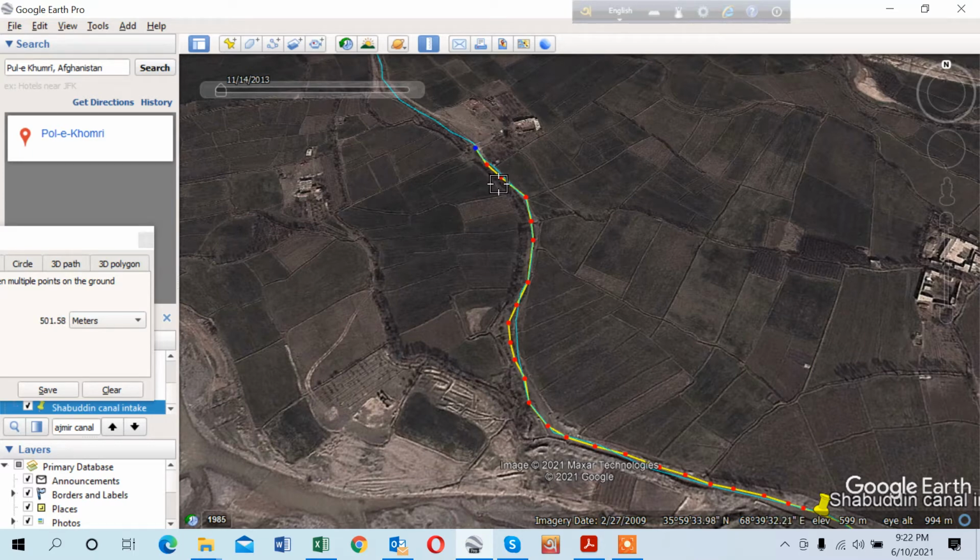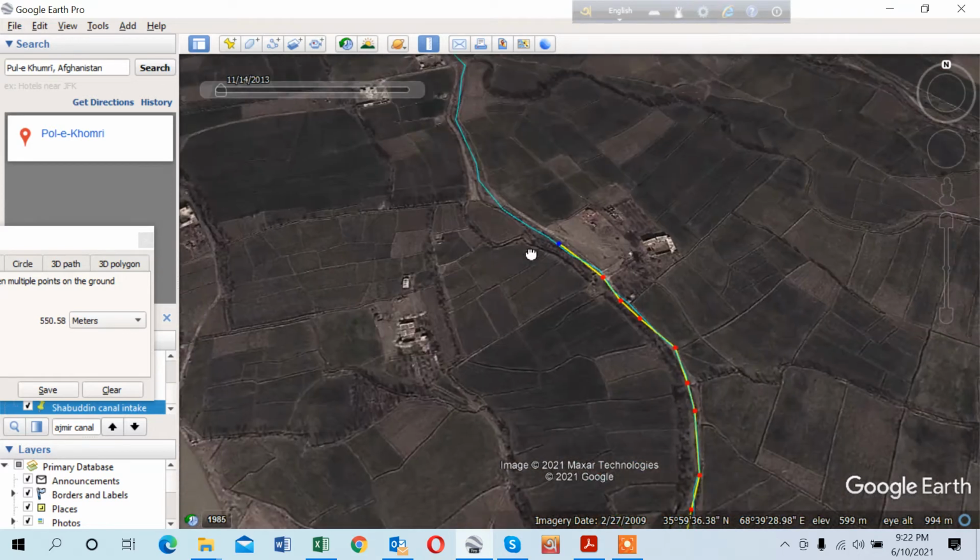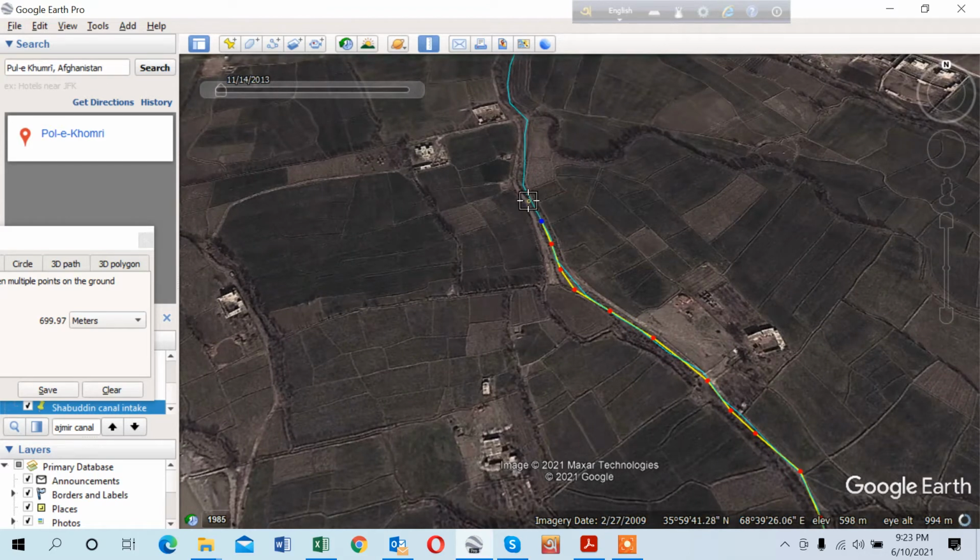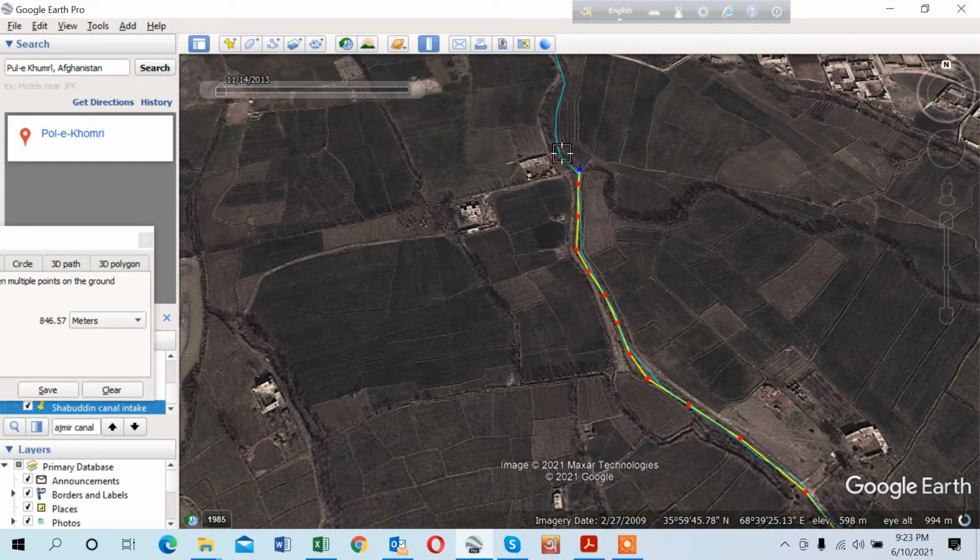In an irrigation canal, the water flows from high land to lower land. So the main irrigation canal should run through the higher land, and the controlling level of the irrigation canal is the intake level. Low water level of the intake is the controlling level of the irrigation water for this season.